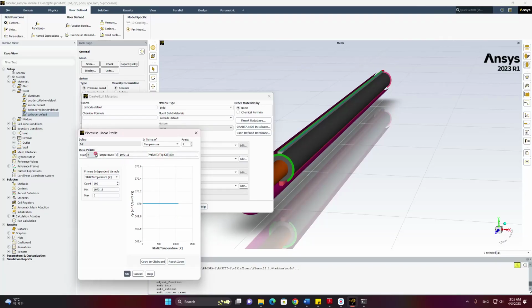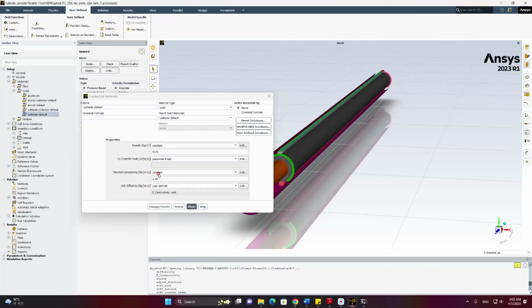Now the next point, point number 2, with a value of 565. Okay, so now we got the piecewise linear function to change.